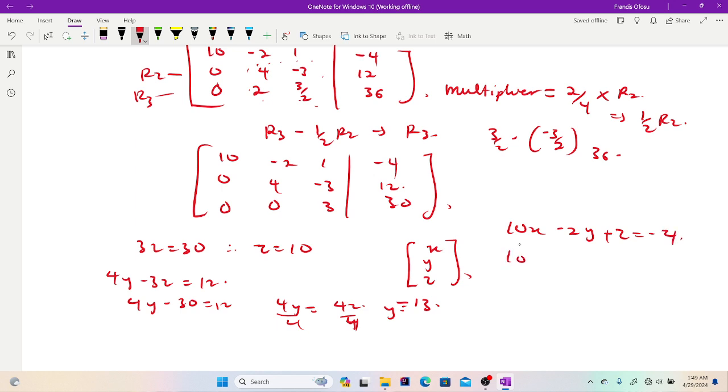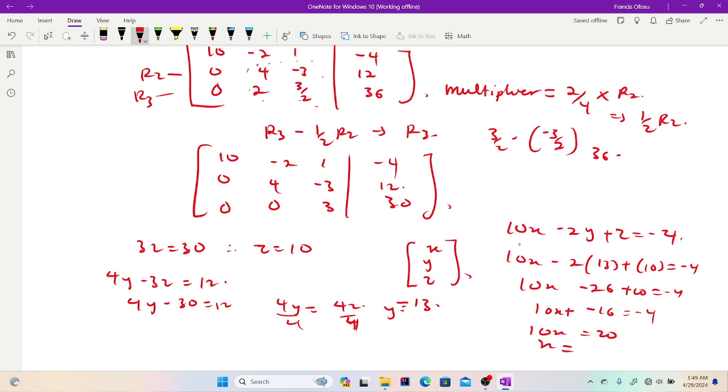So here I'll have 10x minus 2 multiplying the y, which is 13, plus the z, which is 10, equals negative 4. 10x minus 26 plus 10 equals negative 4. This gives me minus 16 plus 10x, so this will go 20. So 10x is equal to 20. x is then equal to 2.